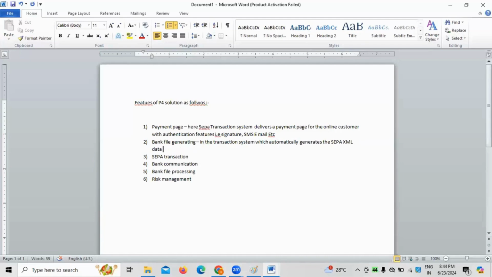In the SEPA implementation in the context of the P4 solution you are going to develop, generally the SEPA XML data is transferred into a bank specific format.